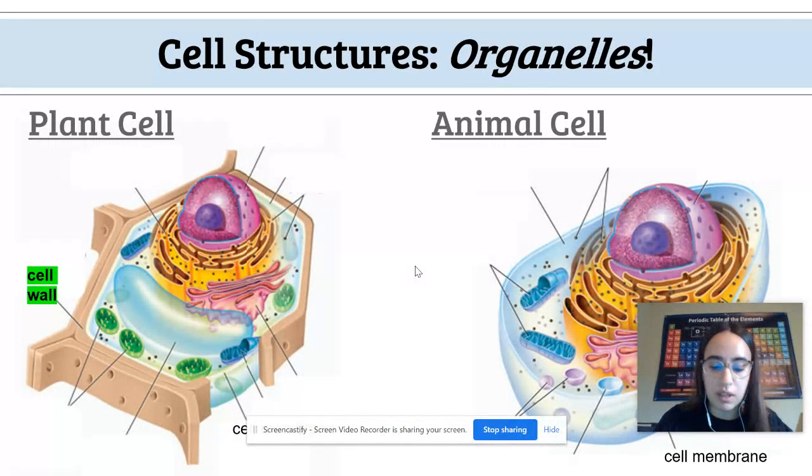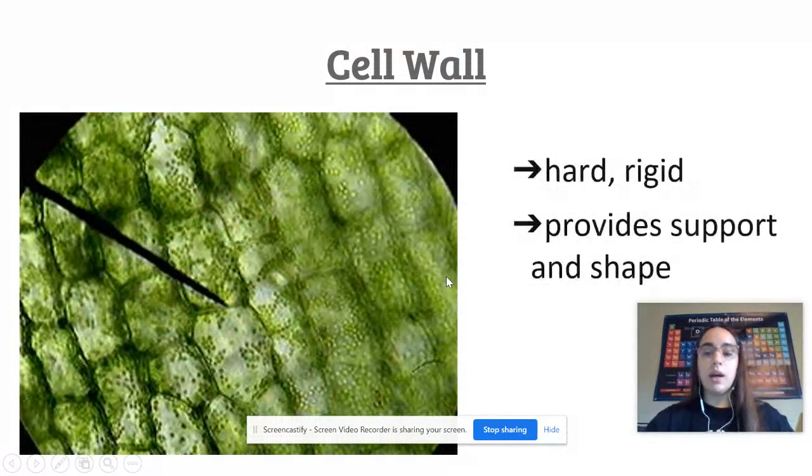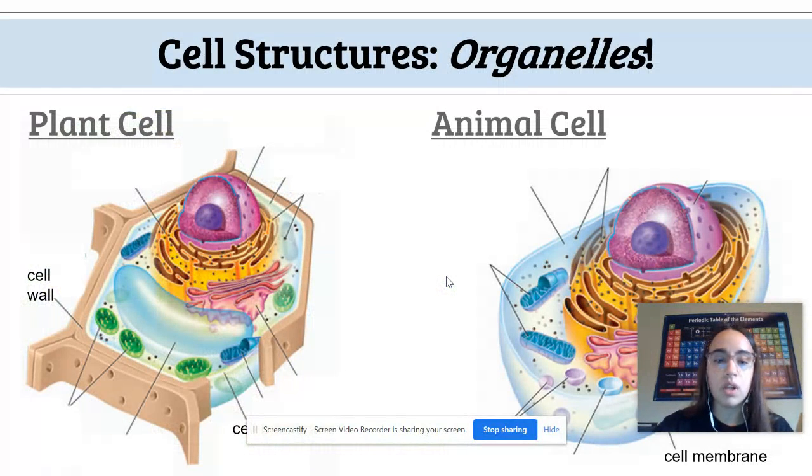That's because of the cell wall that goes around all of these cells. Whereas human skin is very soft, it's malleable, we can move it around. That's because there is no cell wall. Like it says here, the cell wall is hard and rigid, and it provides support and shape. You can see in this image that all of those have more clearly defined walls.